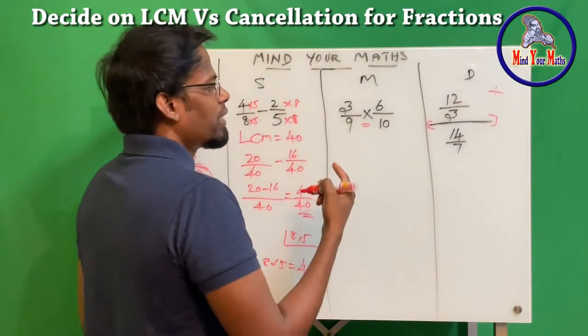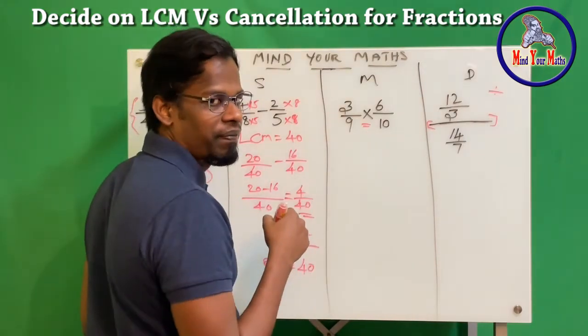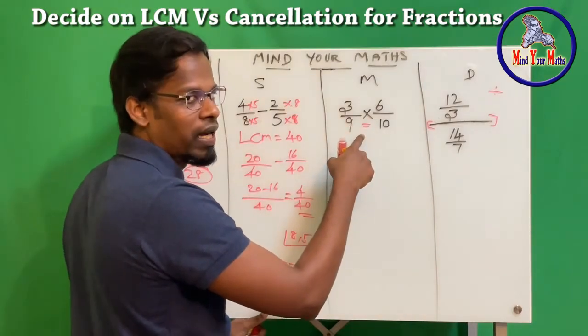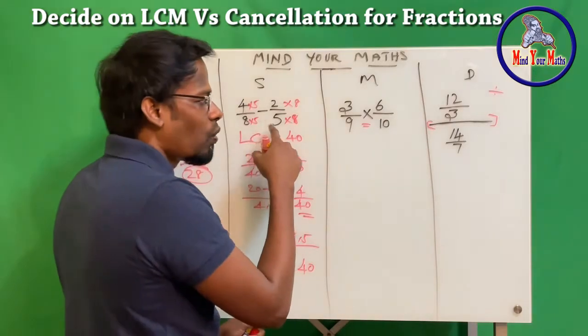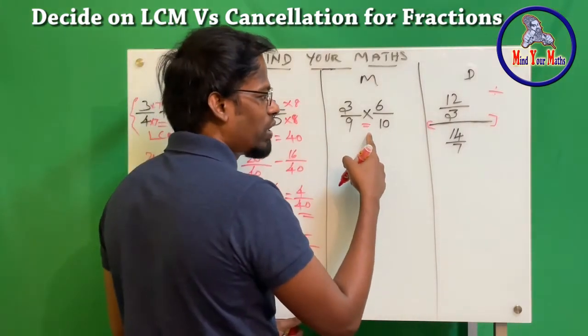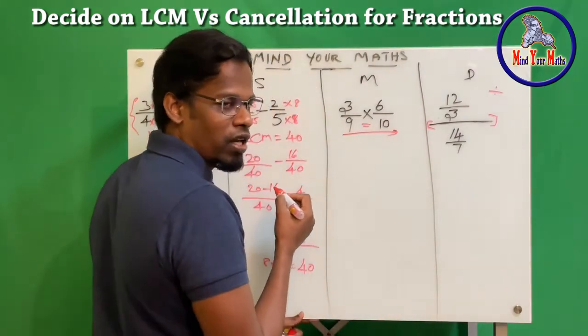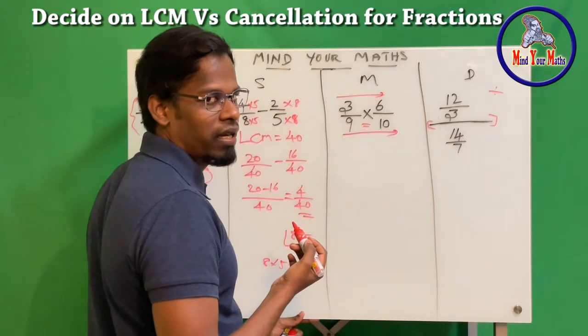Now when it comes to multiplication, we are not going to take LCM for these two. No, we're not. LCM is only for addition and subtraction. When it comes to multiplication, we can straight multiply all the denominators and all the numerators together.